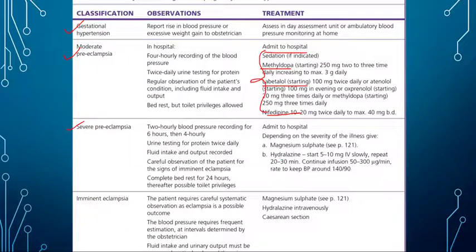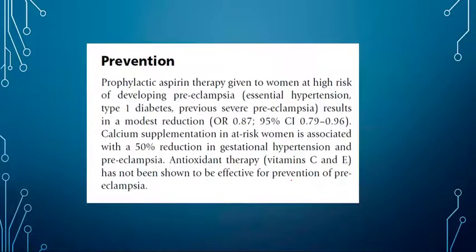For severe preeclampsia, we will add magnesium sulfate with the blood pressure lowering agent. Most of the time, it has to be an IV form. So that's usually the management. We will go through the management much deeper.